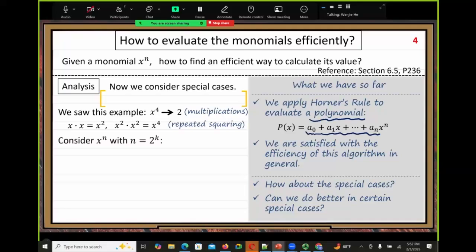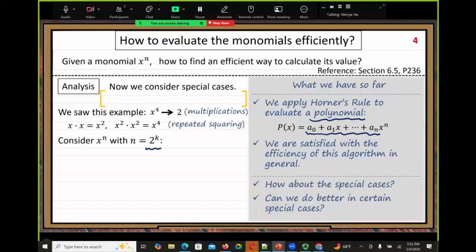This time we consider n. N is a special case: n happens to be a power of 2.